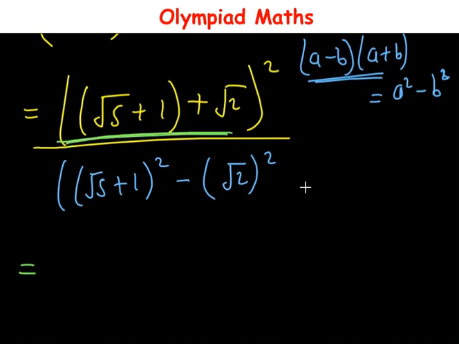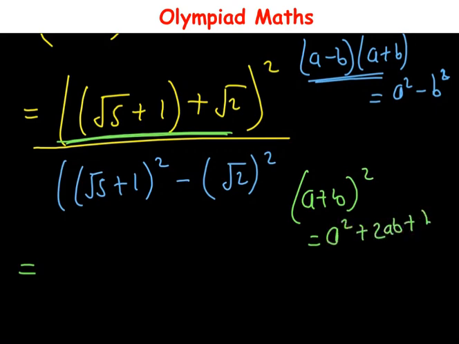So from here, looking at the numerator right here, this is in the form of, in brackets, a plus b all squared. And if you have a plus b all squared, this is equal to a squared plus 2ab plus b squared. So therefore, simplifying this to resemble this format, we have, in brackets, root 5 plus 1 all squared, since a is root 5 plus 1 and root 2 is b.